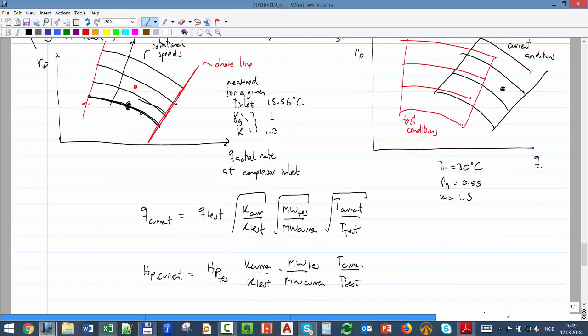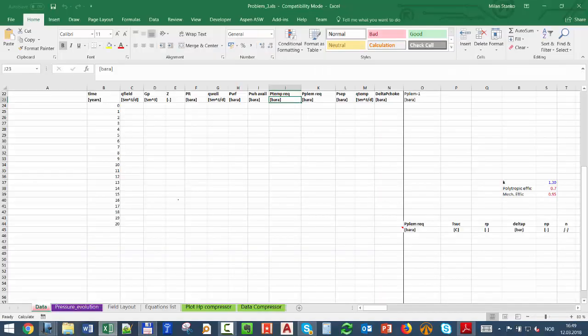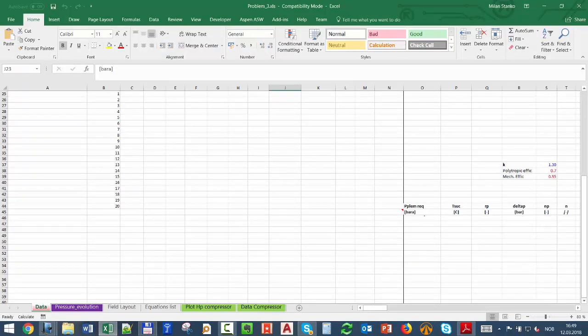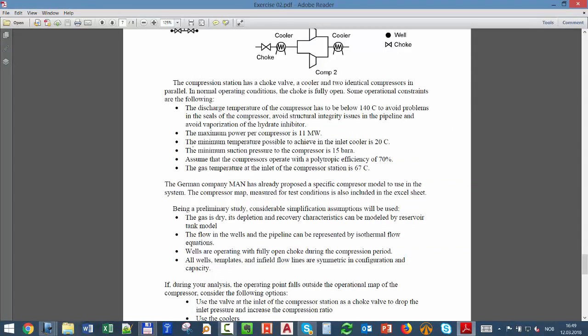Okay, so now before we go, how are we going to tackle this exercise now that you have this knowledge? How are we going to calculate? Let me show you, that's not the solved exercise. Let's read first what the exercise says.